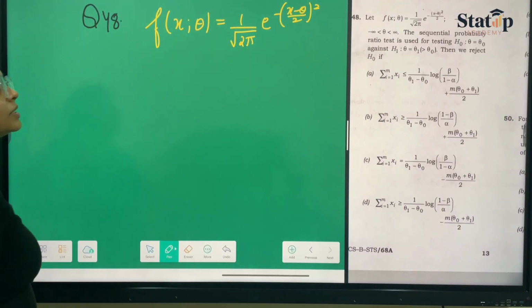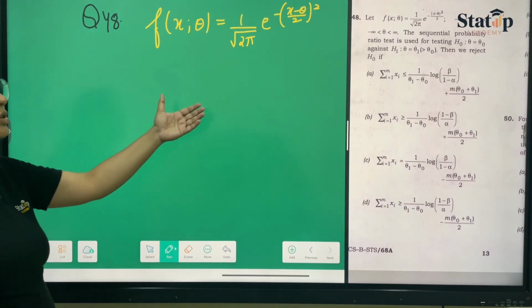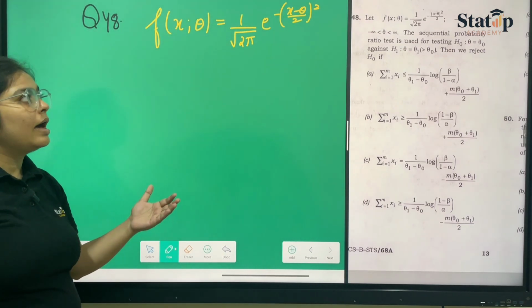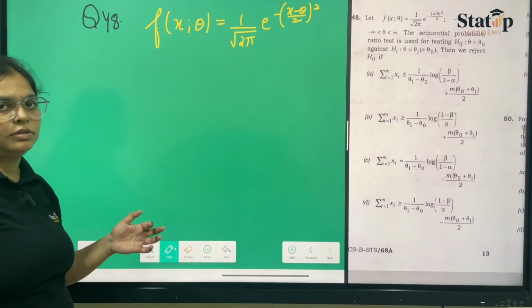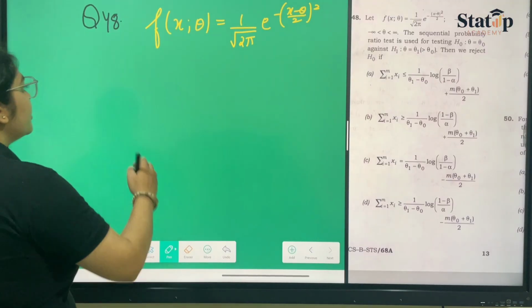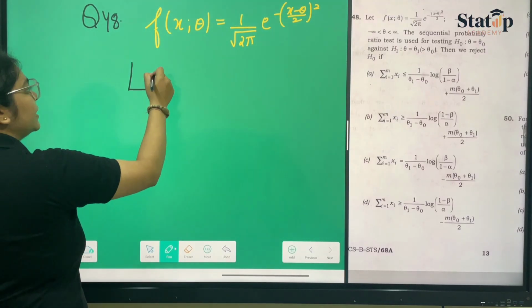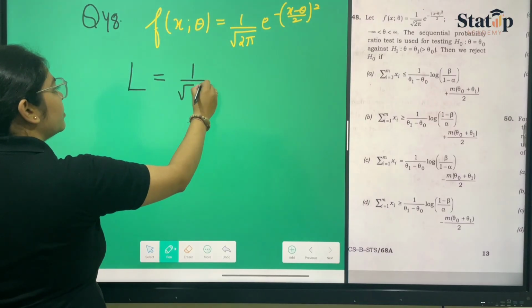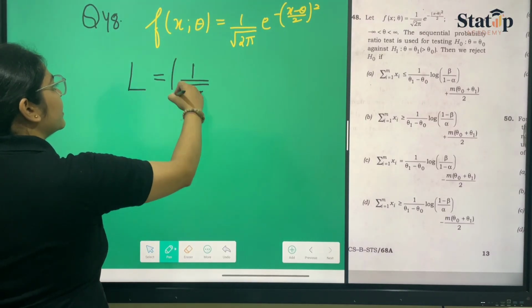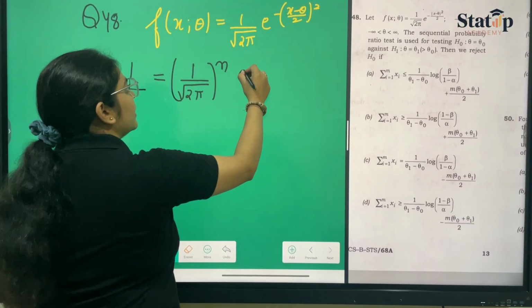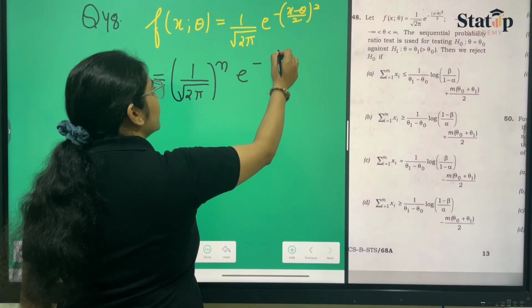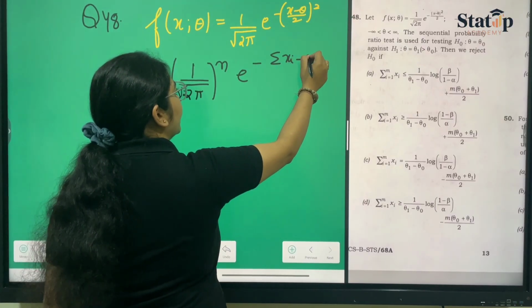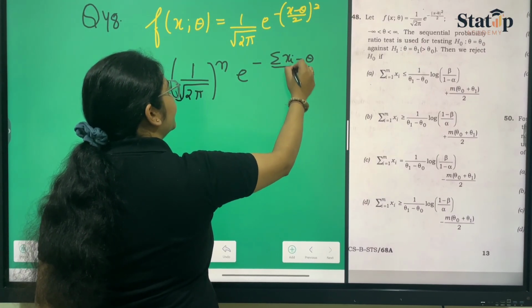Now from here you can see that this is a normal distribution with mean theta and variance 1. So first of all we will be calculating the likelihood of this. The likelihood will be (1 upon root 2 pi) raised to the power n, e raised to the power minus summation (xi minus theta) whole square upon 2.